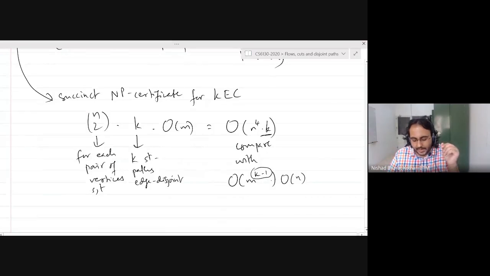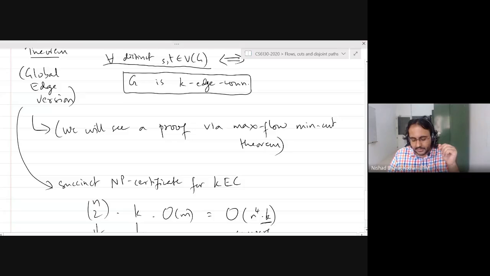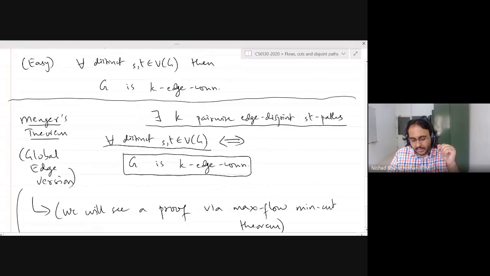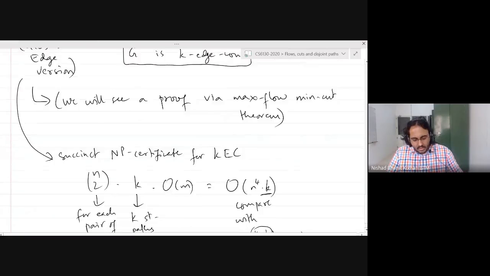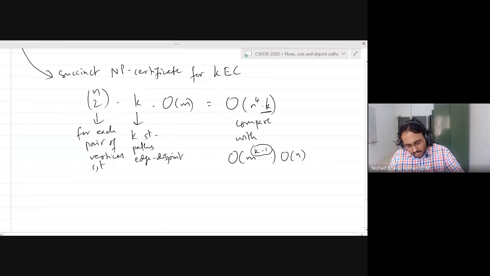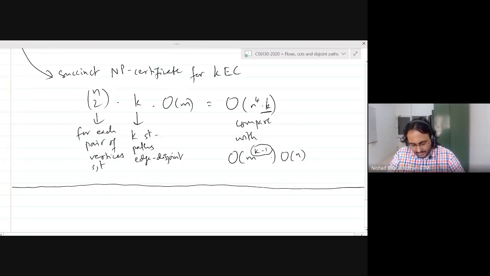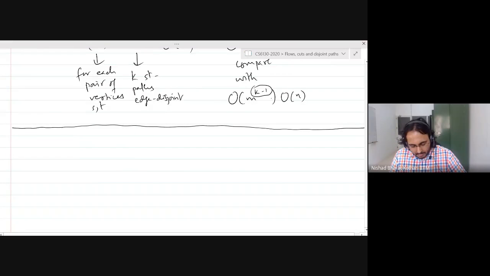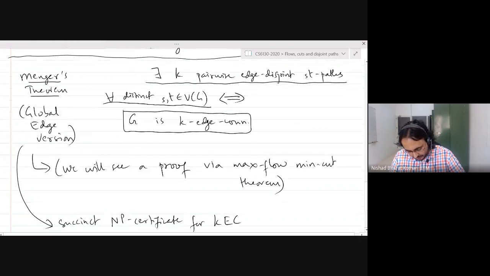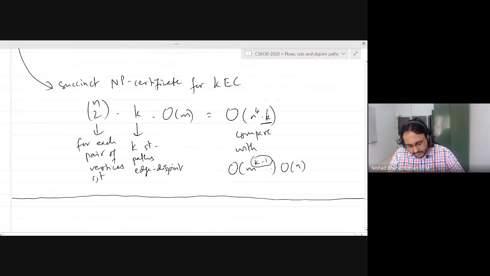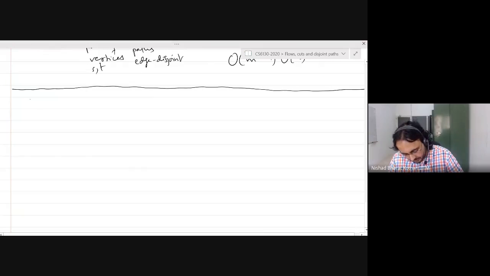So this is the power of Menger's theorem. It gives you a much easier way of convincing someone that a graph is k-edge connected. And next, remember I called this the global version. I want to next discuss the local version.